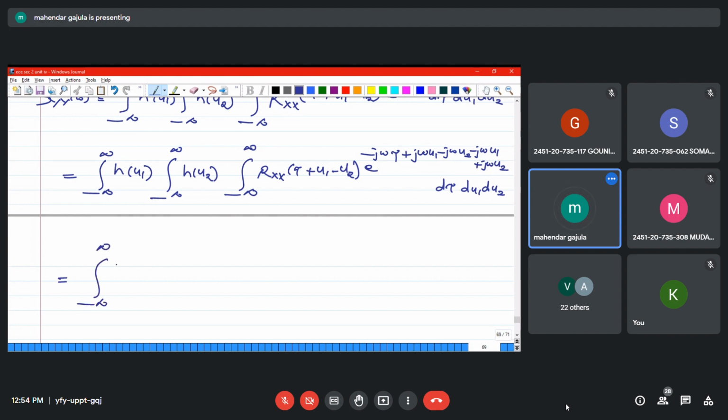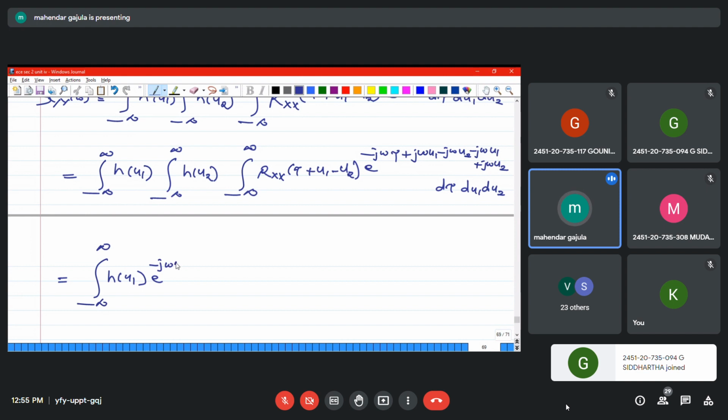Integration from minus infinity to plus infinity h(u1) e^(−jωu1) du1.